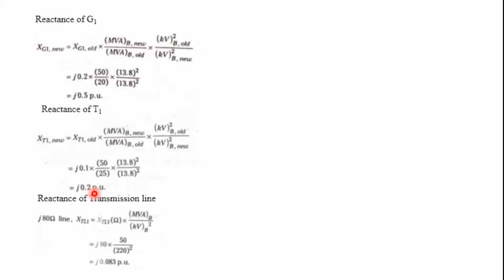Then coming to the transmission line, you have to be very careful here because the formula is going to change for the transmission line. X_TL in per unit is equal to X_TL in ohms into MVA base divided by kV base squared. So MVA is 50 MVA, and the voltage on the transmission line is 220 squared, so we'll get 0.083 per unit.